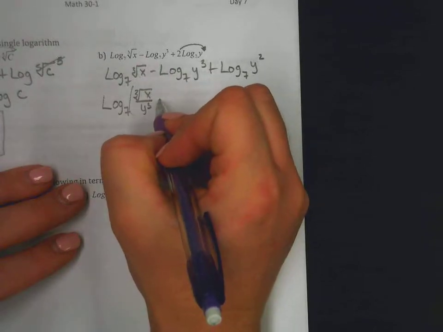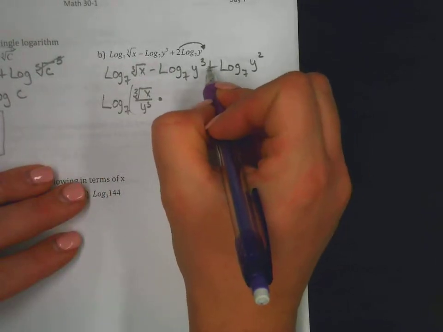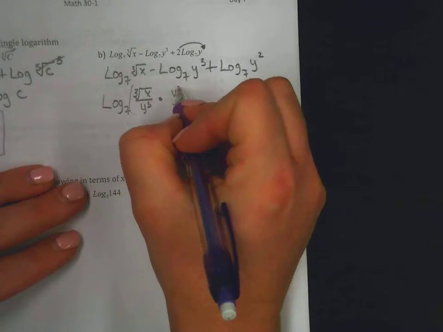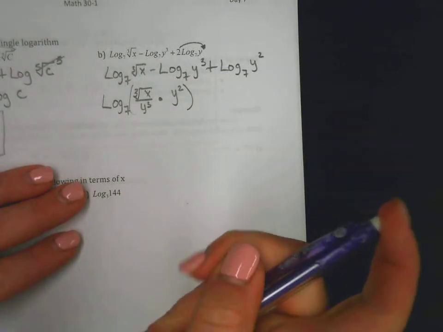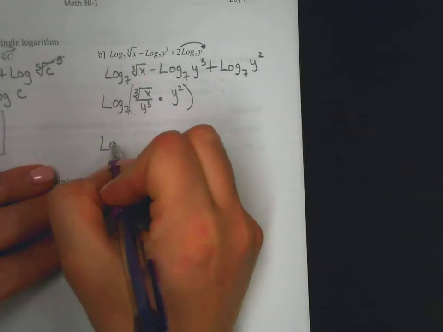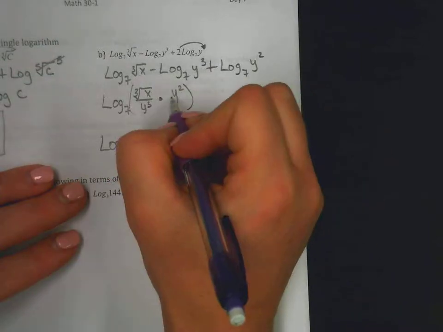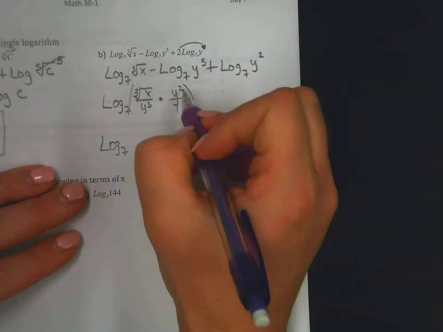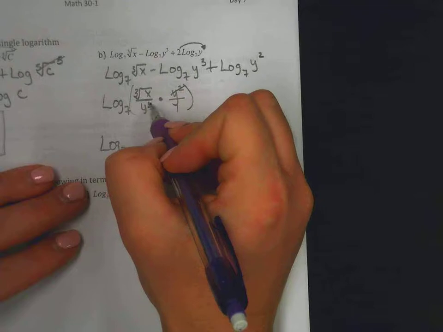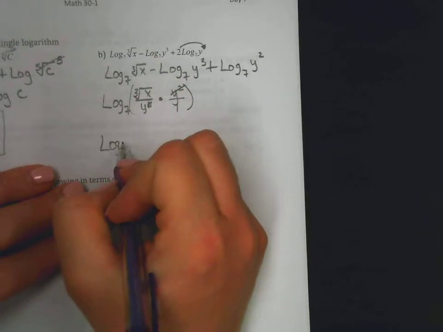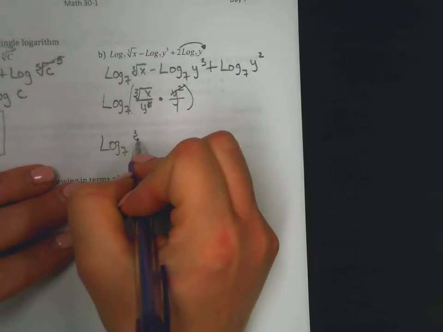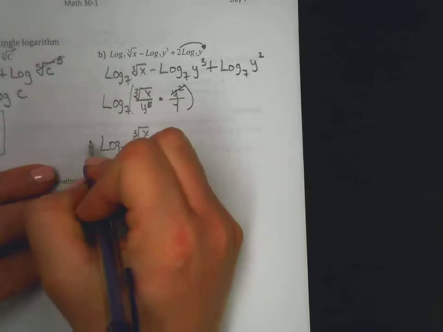And then I need to multiply that, because this is our product law, times y squared. So technically, because this is over 1, these y squareds are going to cancel with 2 of those, and I'm left with log base 7 of cube root of x all over y.